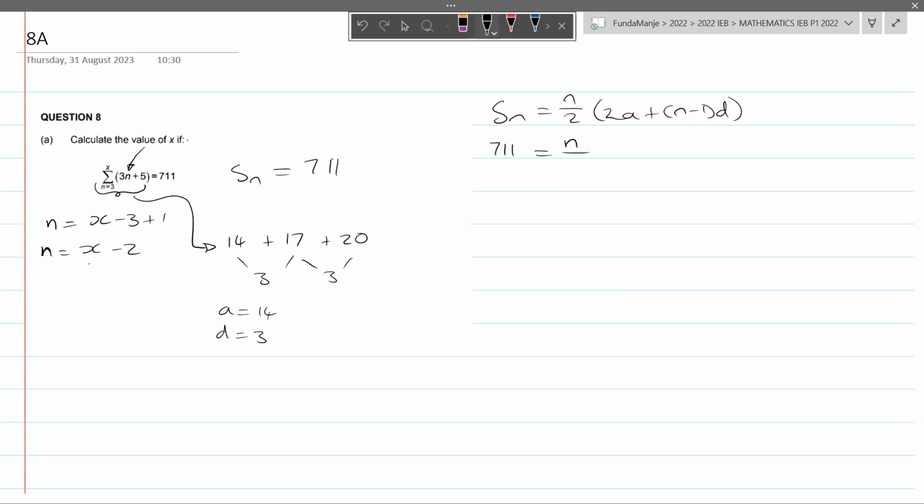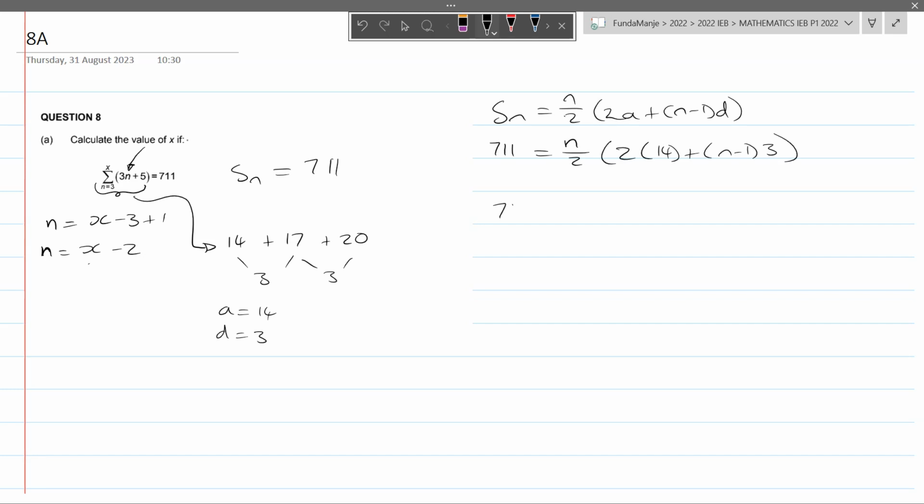So n over 2 times, 2a is 14, plus n minus 1, again that's what we're looking for, multiplied by d, which is 3. So we can simplify this, multiply both sides by 2, or maybe let's simplify what's inside the bracket first.